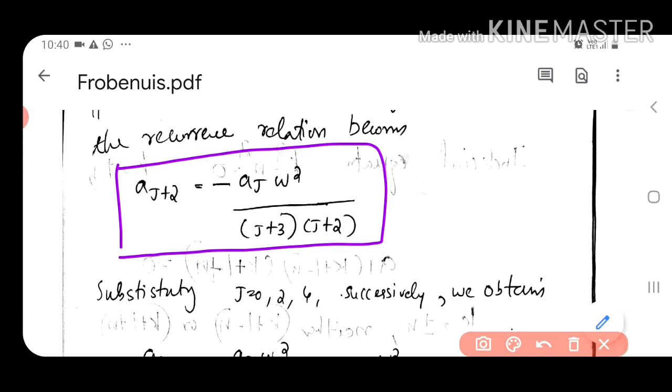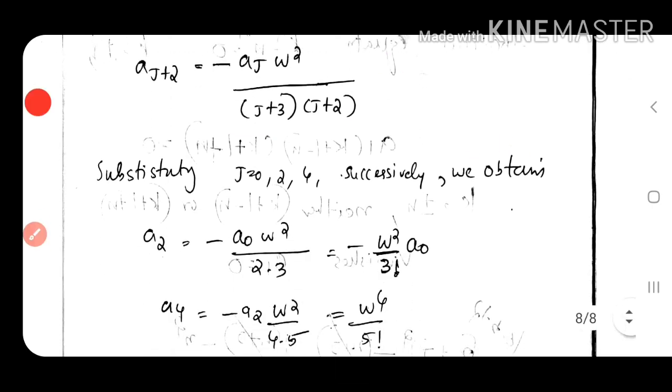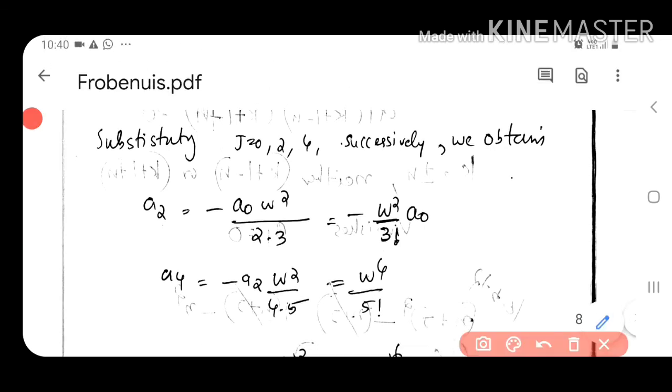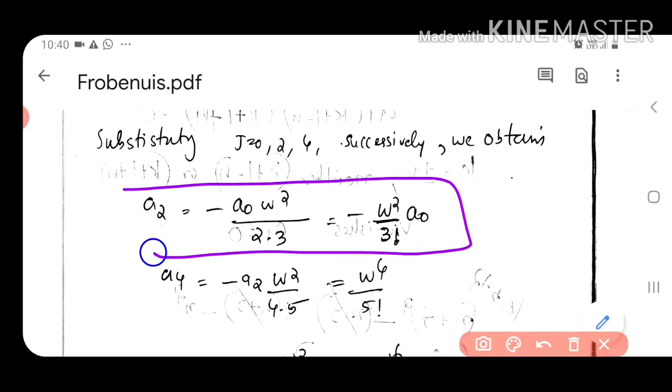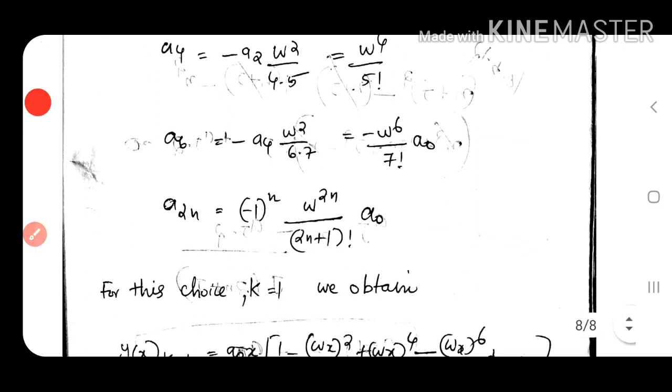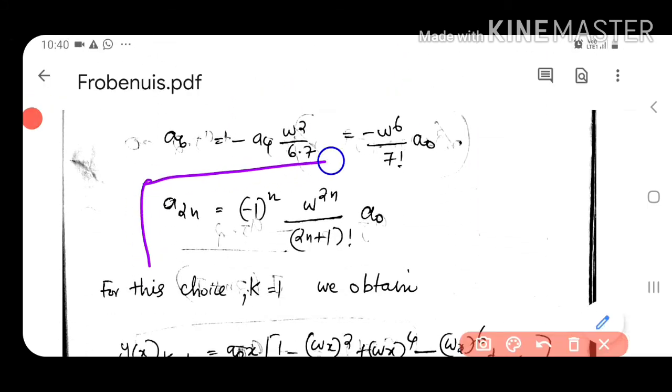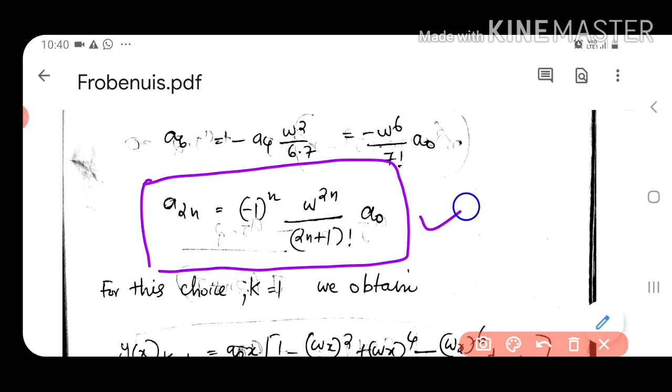Here we put j equal to 0, 2, 4, etc., and we get a2 as equal to this, a4 as equal to this, a6, and a2n as equal to minus 1 to the power n, omega to the power 2n by 2n plus 1 factorial a0.